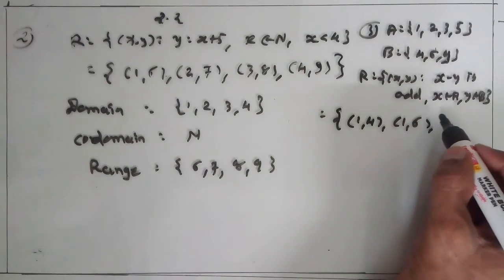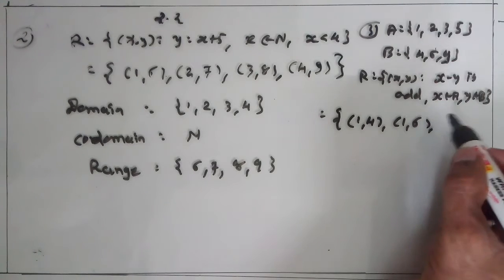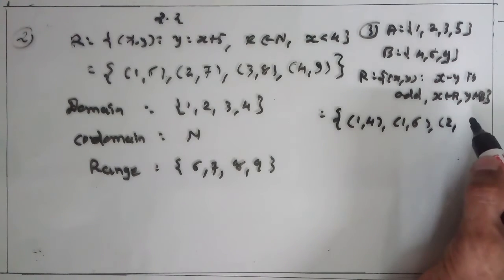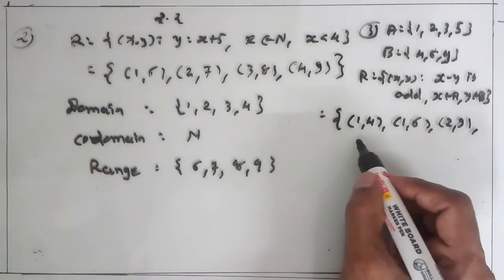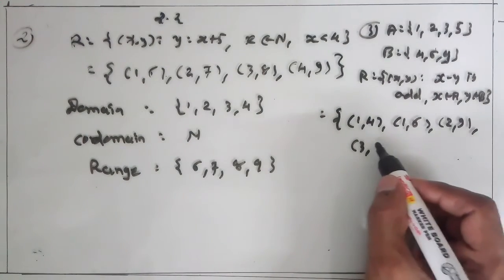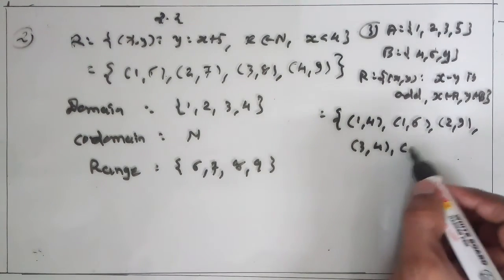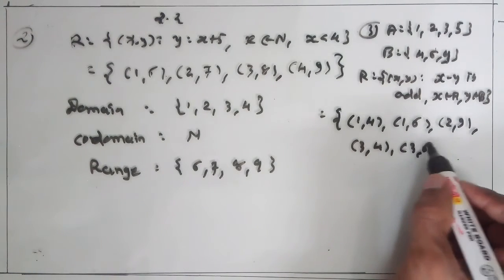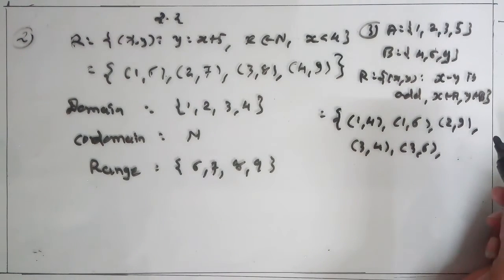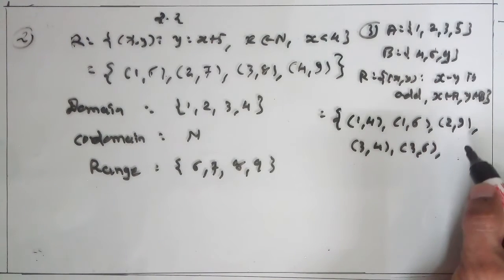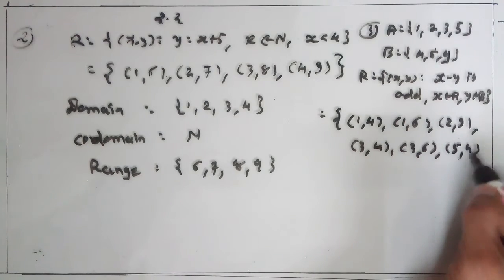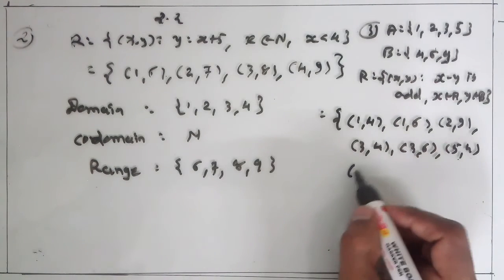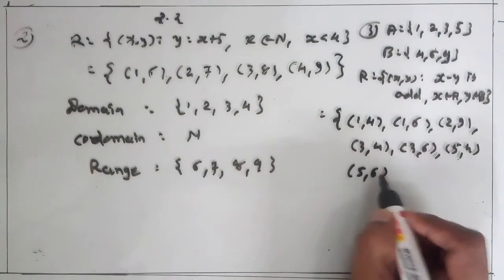Now with 2: (2, 9). Now with 3: (3, 4), (3, 6). 3 is odd, 9 is also odd. Now with 5, (5, 4), select a second even: (5, 6).